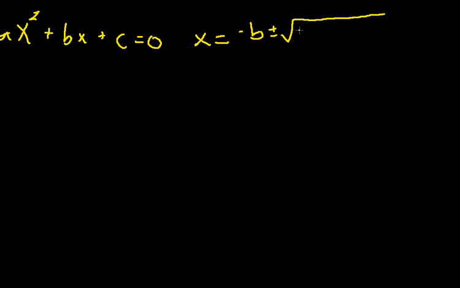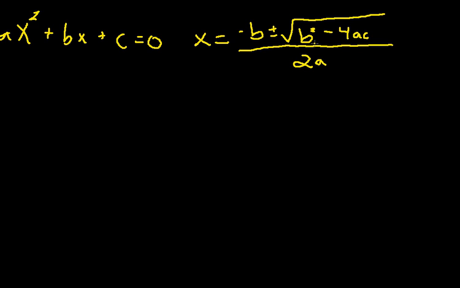All right, the quadratic formula says the roots of the quadratic equation ax squared plus bx plus c equals 0 are precisely x equals -b plus or minus the square root of b squared minus 4ac, all divided by 2a.